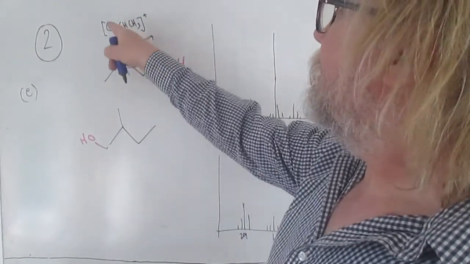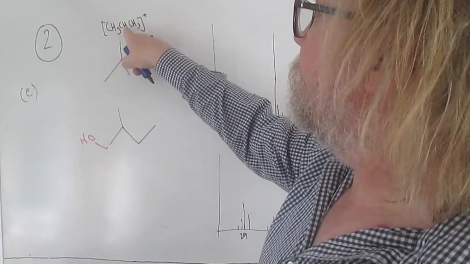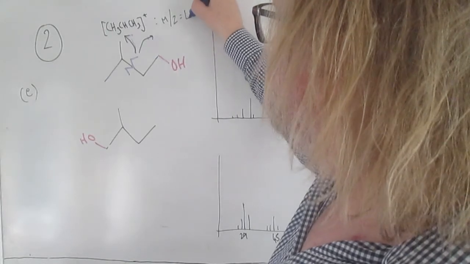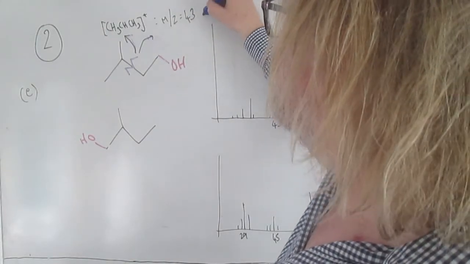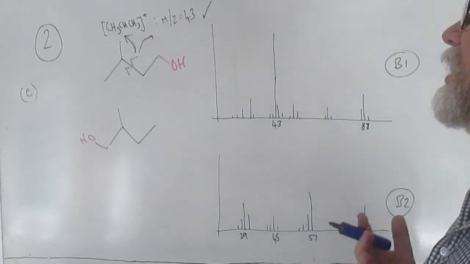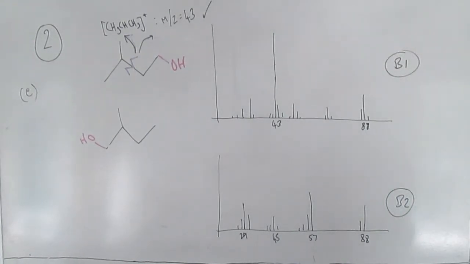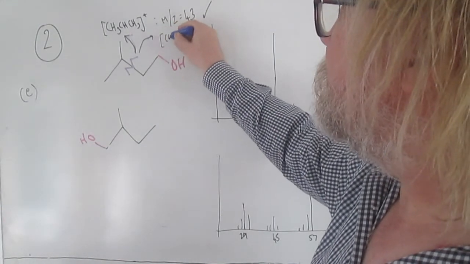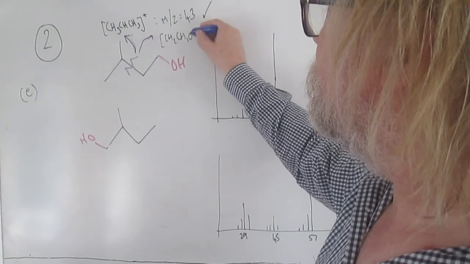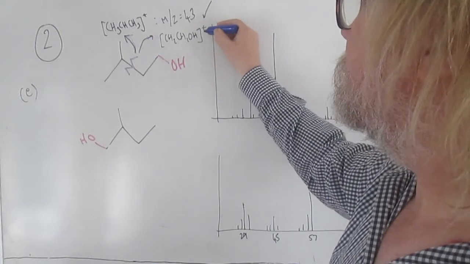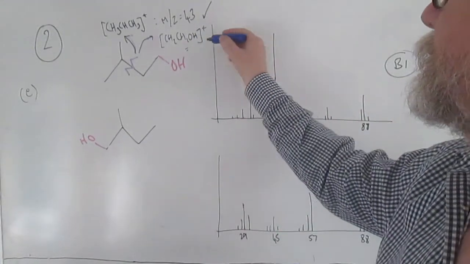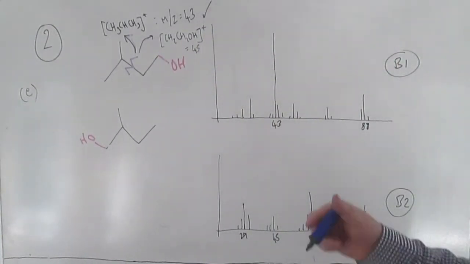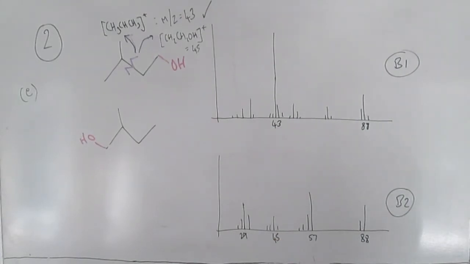If you add that lot up, 3 12s are 36, 39, 40, 41, 42, 43. So straight away that ticks the bill for a way to generate the 43 peak. This one gives you CH2CH2OH plus, which comes to 45. So we're not interested in that one, but the 43 peak is there.